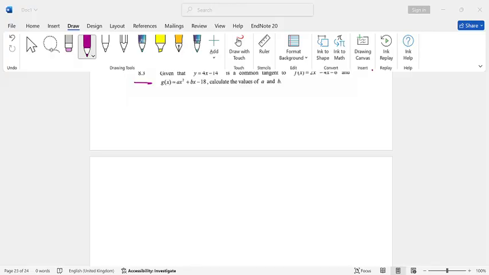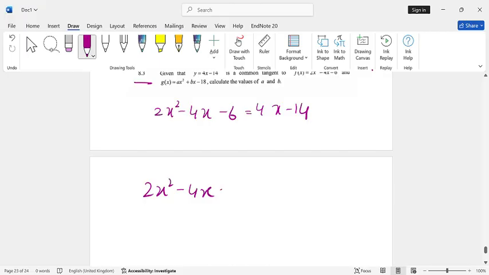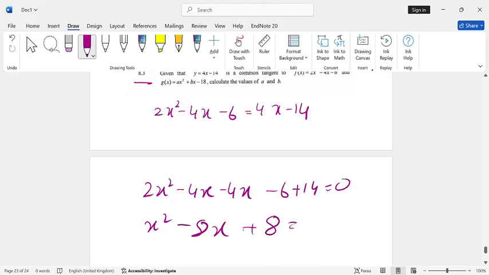We have 2x squared minus 4x minus 6, and I'm taking the value of y, which equals 4x minus 14. So we have to simplify this equation. We have 2x squared minus 4x minus 4x minus 6 plus 14 equals 0. So I'm going to write it like that. We have 2x squared minus 8x plus 8 equals 0.